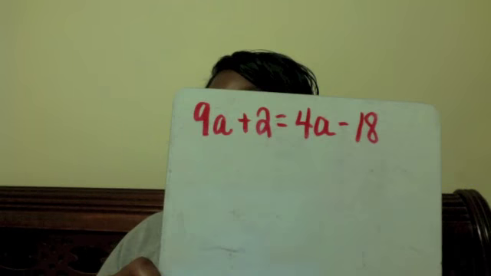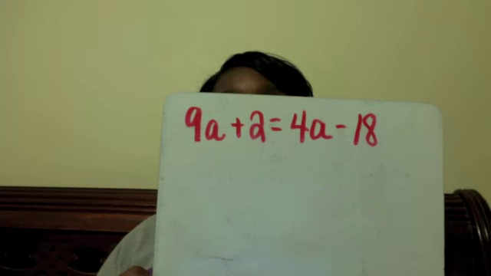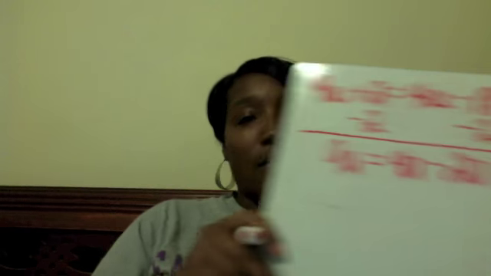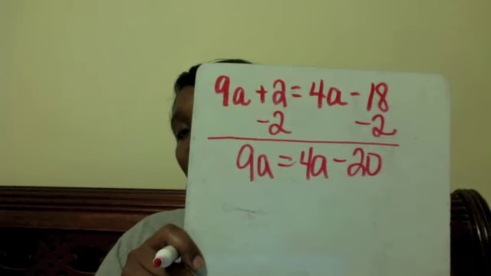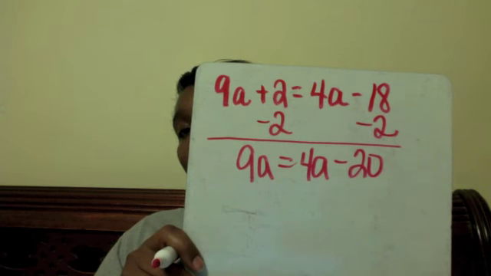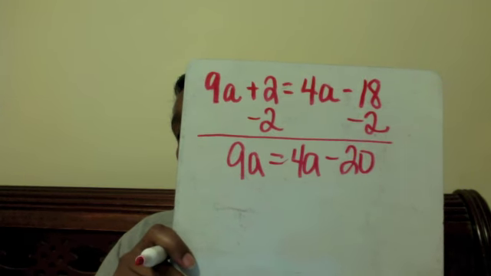Okay, let's look at this same problem again. Instead of subtracting 4a first, I'm going to subtract 2 from both sides. Okay, and I'm left with 9a equals 4a minus 20.